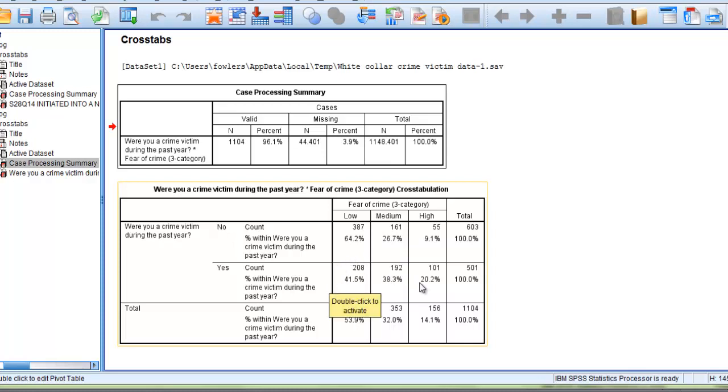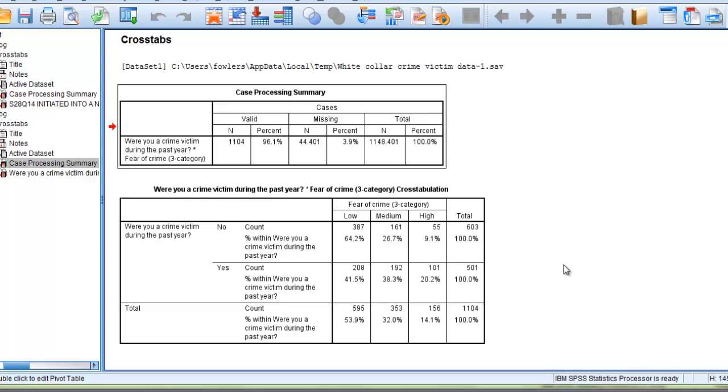So there is no clear diagonal, and the lowest, in fact, for both is in the high group, 9.1% for the no, 20.2% for the yes. Even though there's no diagonal, we can begin to think that there is a relationship between being a victim of crime and level of fear.